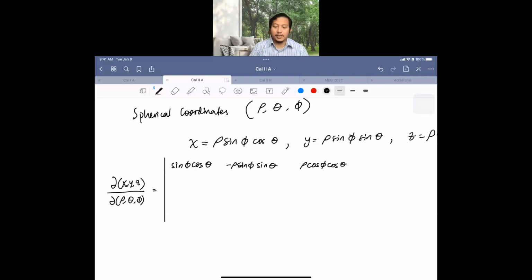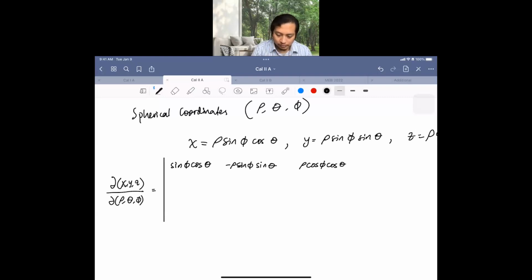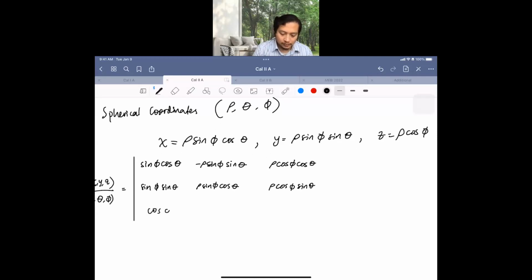Then the second line is y: derive y with respect to rho, with respect to theta, and with respect to phi. And the third line is z. Z is just rho cosine phi. So first it's just cos phi, and there's no theta, so 0. And this will be negative rho sine phi.